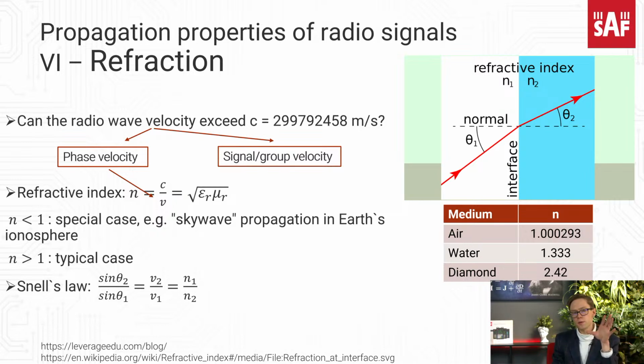However, the water exceeds it by 1/3. So for the water, there is a typical case when the refractive index is larger than for the vacuum, and for the diamond it's much larger. So the refraction will be even more evident in the diamond than in the water or in the air.